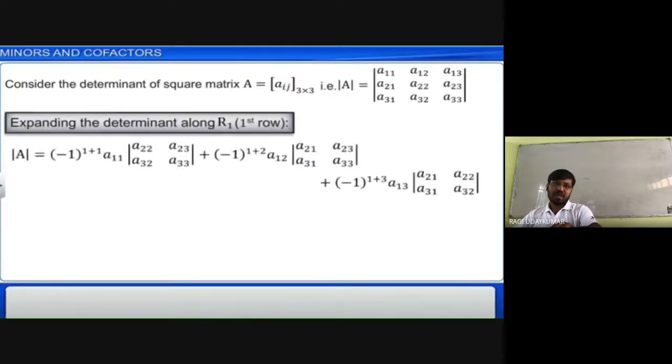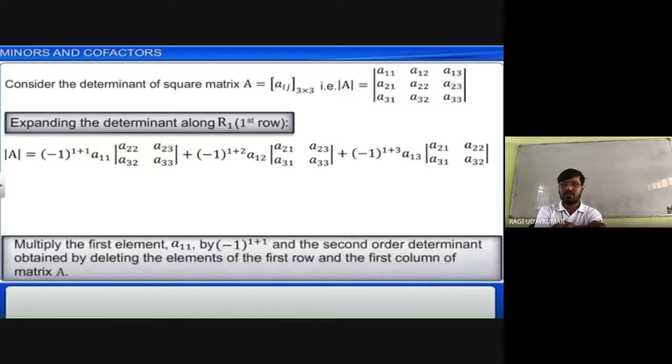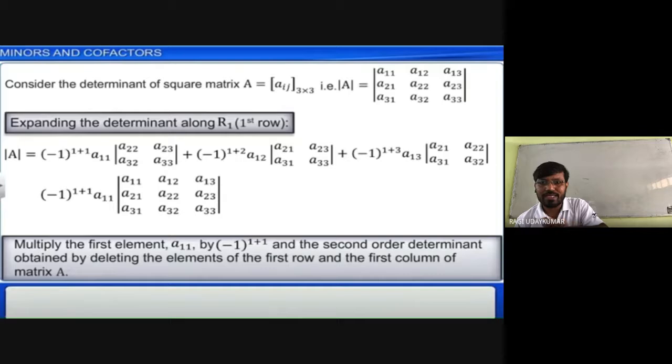So if you are expanding along the first row, the first part you are going to get is minus 1 to the power of 1 plus 1, A11. So multiply the first element by minus 1 to the power of 1 plus 1, and the second order determinant obtained by deleting the first row and first column of the matrix A. This is the way of calculation.